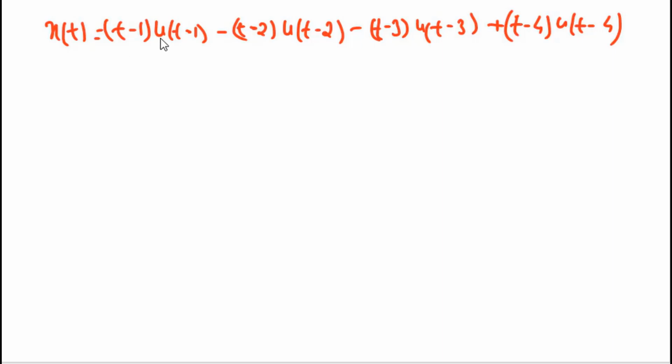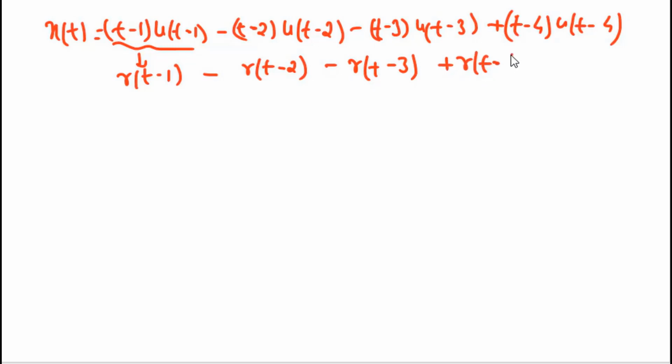So from the definition of the ramp function, you can write this as r of t minus 1 minus r of t minus 2 minus r of t minus 3 plus r of t minus 4.